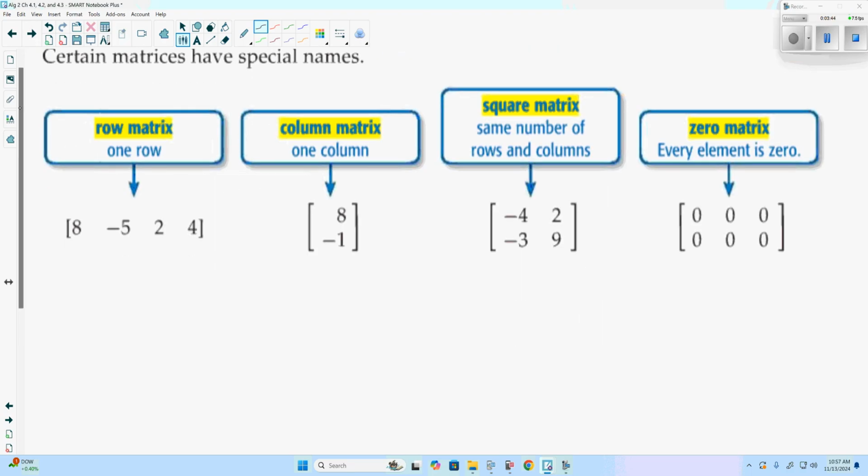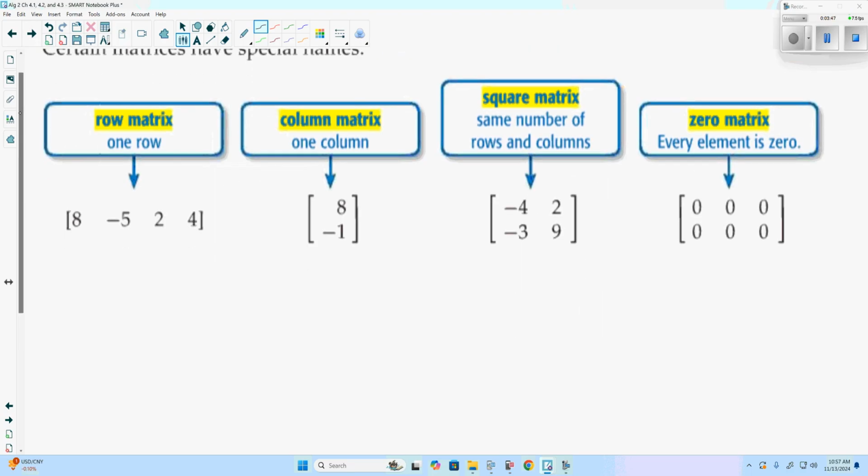All right. Now we do have some special names for certain types of matrices. The first one listed has exactly 1 row, so it's a row matrix. The second one has exactly 1 column, so we call it a column matrix. The third one, the number of rows and columns are the same, so we call it a square matrix.